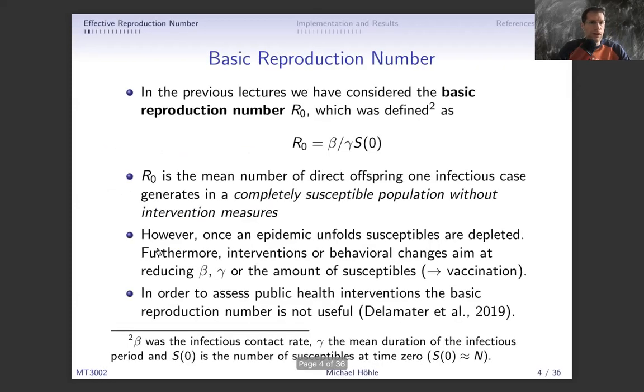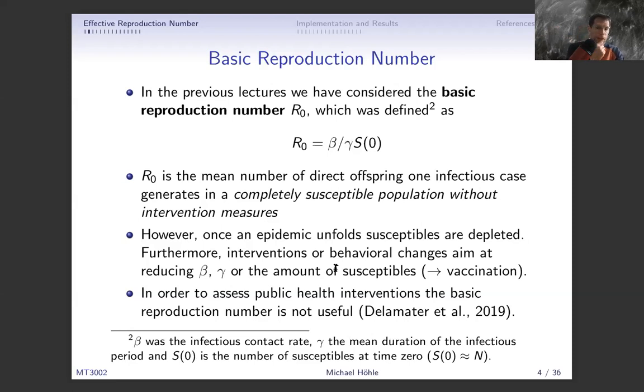So to continue what Tom talked about in the previous lecture, we introduced the so-called basic reproduction number, also called R0, which was defined in the following manner, that we had three quantities which were important. The first was the transmission or the contact rate. This was the rate at which infectious individuals had contact with susceptible individuals. And we had the duration.